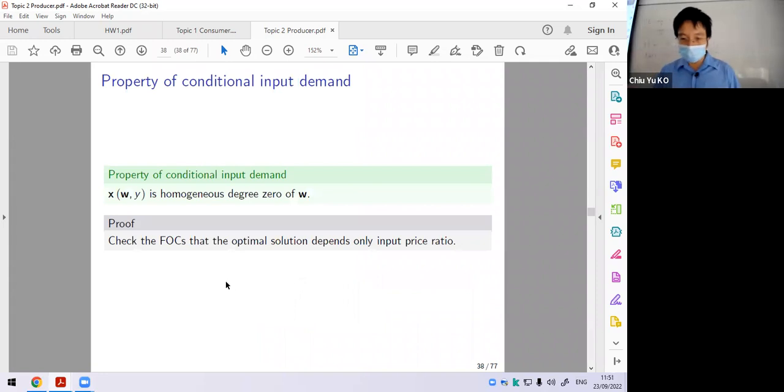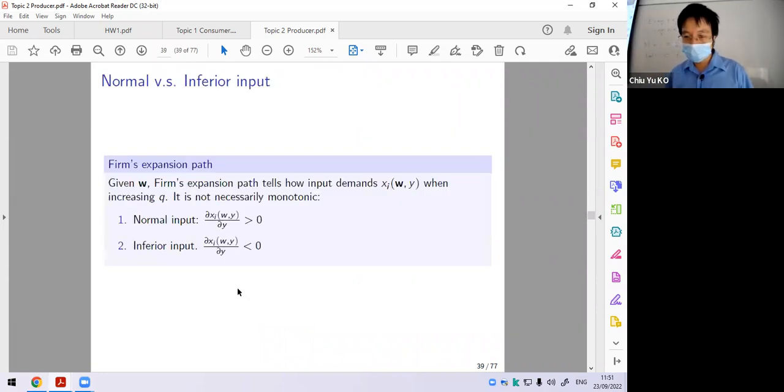So I guess it's not complicated. Here I mention something because the book mentions it, but I don't think it's very important. This is called normal input or inferior input, same as normal good and inferior good. Sorry, this should be y, a typo.